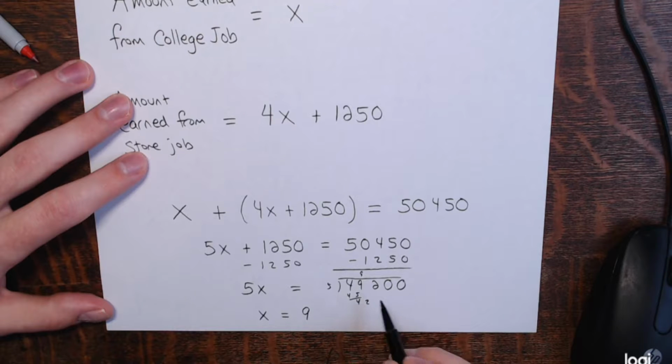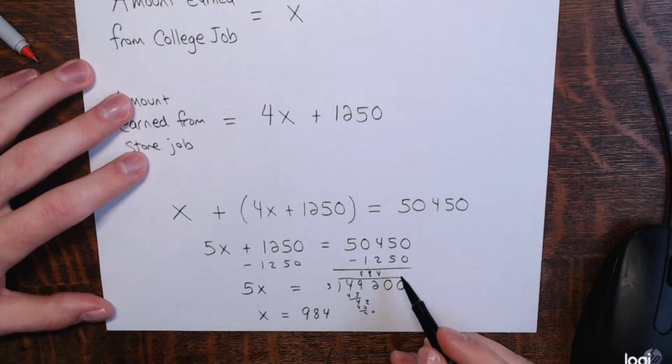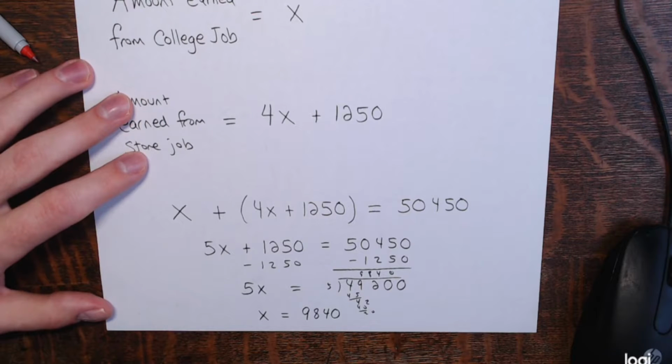Drop the 2. 5 goes into 42 8 times, that's 40, with 2 left over, and then drop that 0. Then you've got 0 again, so the zeros the rest of the way. 9,840. So $9,840 at the college job she made.